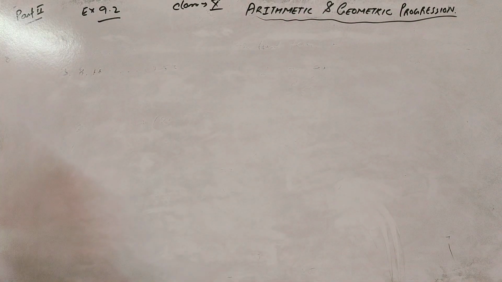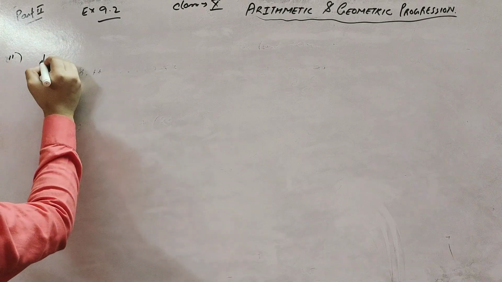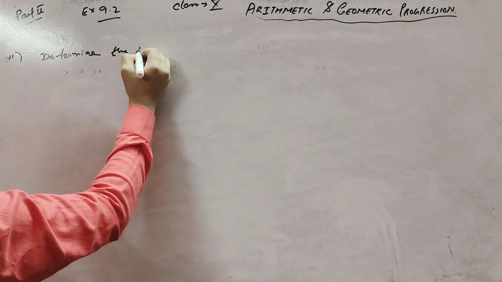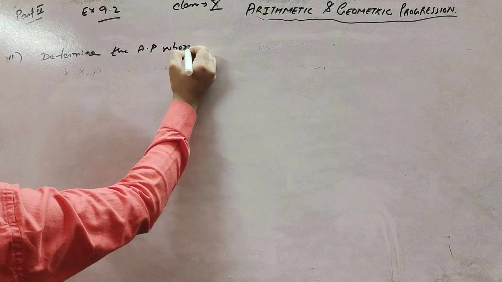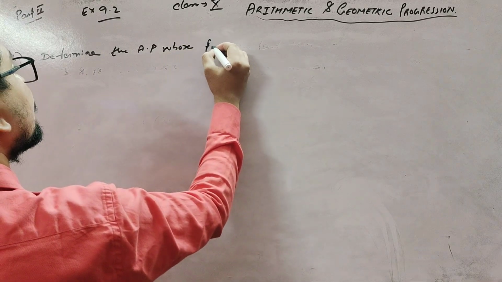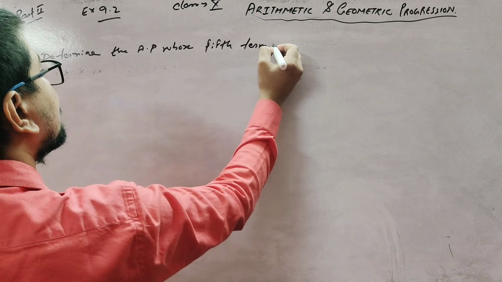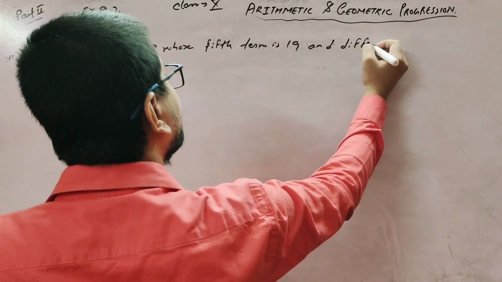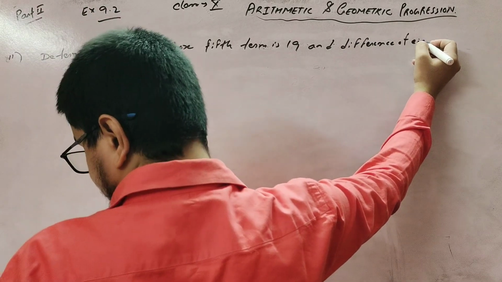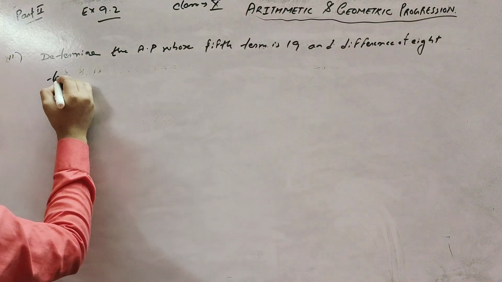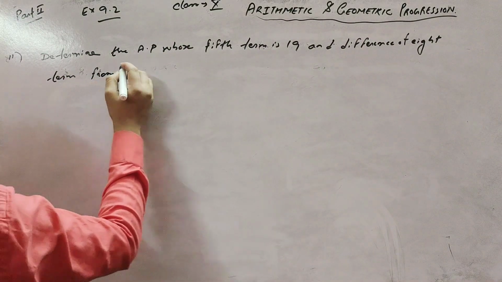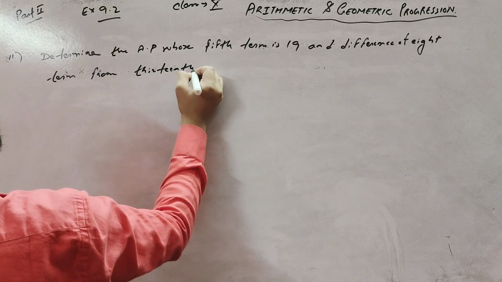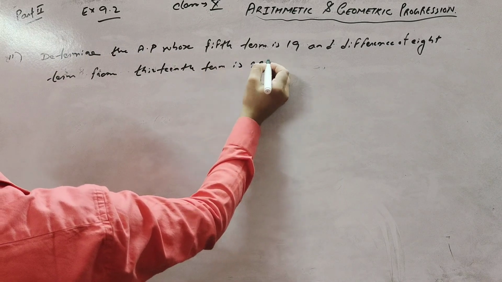now question number 11. Determine the AP whose fifth term is 19 and the difference of the 8th term from the 13th term is 20.